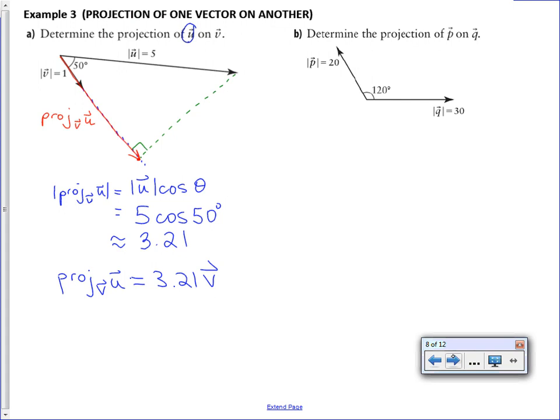Because now technically this vector would be 6.42 units long, because if you take 3.21 and multiply it by a vector that's 2 units long, it's going to double in length. It won't be the right length to be correct. I want to always be able to take this projection and multiply it by a 1 unit long vector. Well, if vector v equaled 2 units long, what would be a vector that's in the same direction but only 1 unit long?